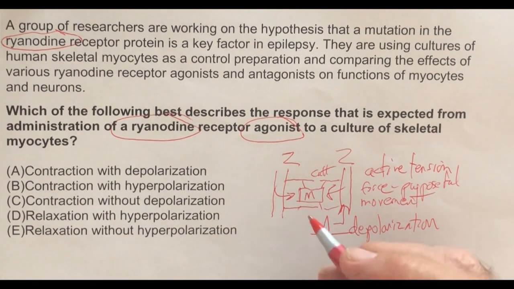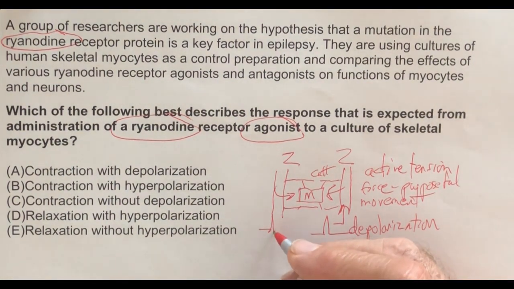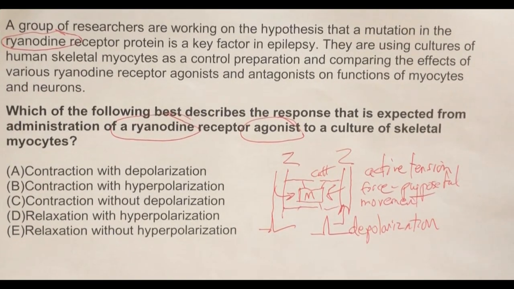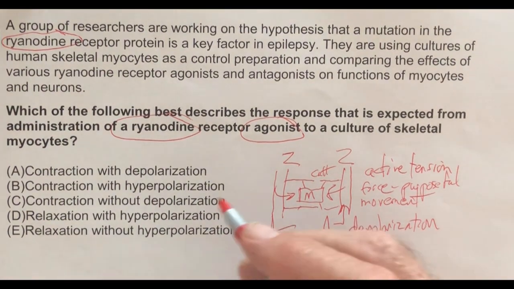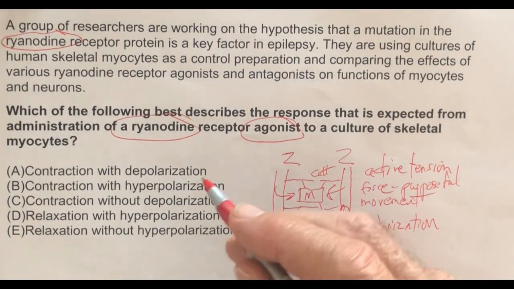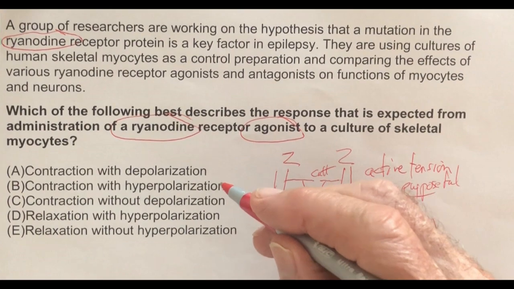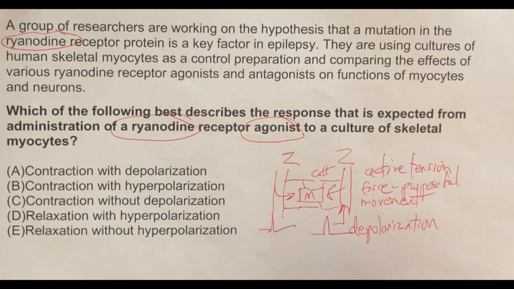That's what's required here, a depolarization. That seems to be the key to the question, doesn't it? Because we have depolarizations and hyperpolarizations represented in A, B, C, D, E, some with contraction and some with relaxation. So, a ryanodine receptor agonist is something that would mimic calcium, wouldn't it?